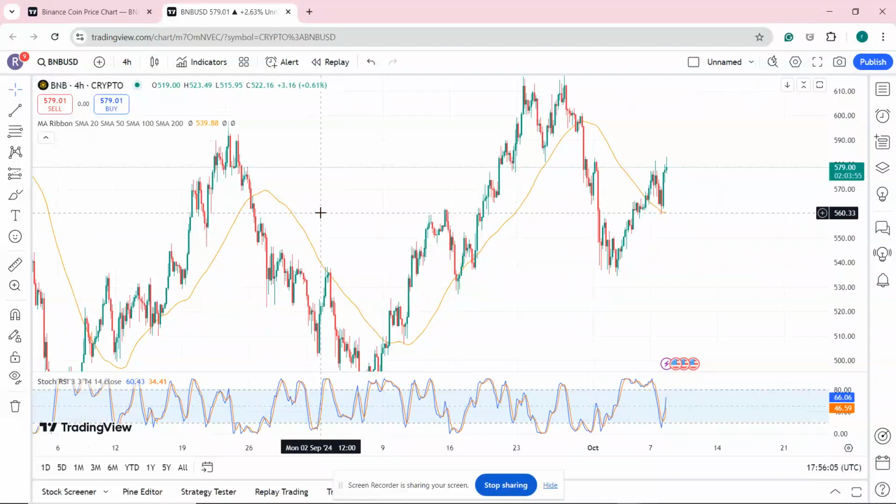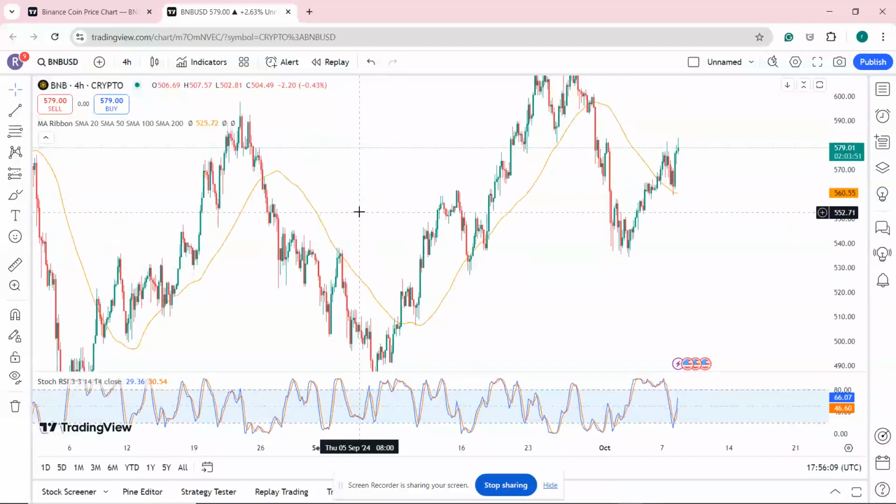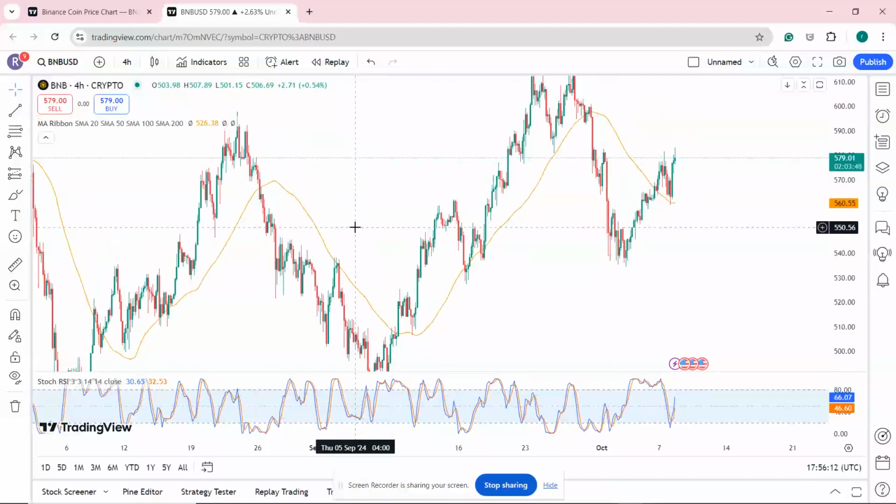From the last video, we said an uptrend consists of higher high and higher low, while a downtrend consists of lower low and lower high.